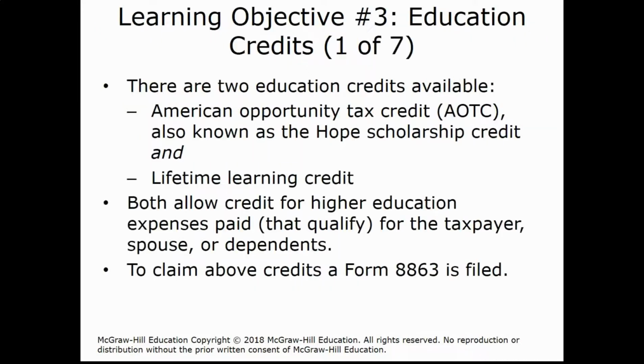Okay, so let's move forward then to education credits. Now we're changing gears and talking about education credits. There are two: American Opportunity Tax Credit, AOTC, and then the Lifetime Learning Credit. Some of you who have taken this credit in the past may know it as the Hope Scholarship Credit.